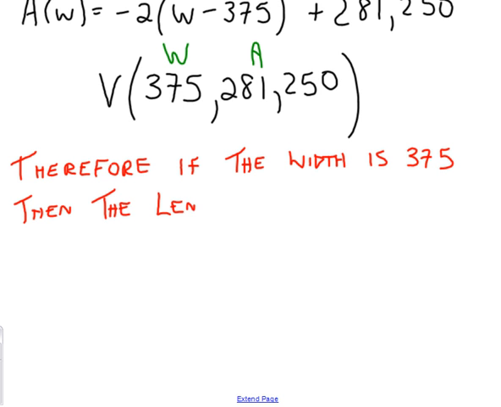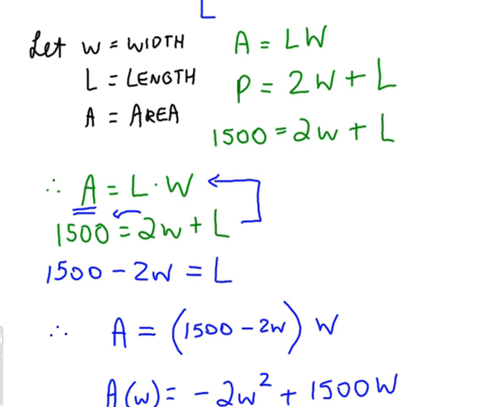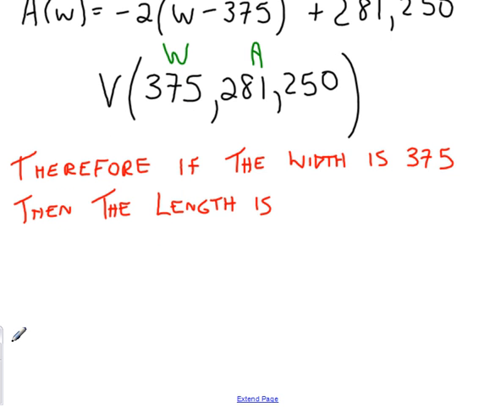Go back and pull out that length formula. Length equals 1,500 minus 2 widths, and the width was 375. So therefore the length, L, equals 1,500 subtract 2 times 375. That would mean the length is 750.